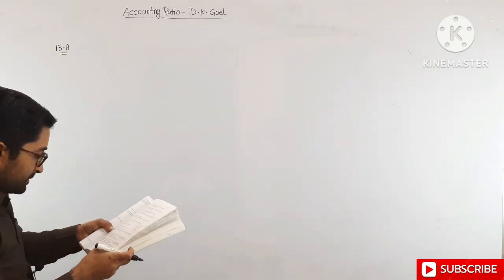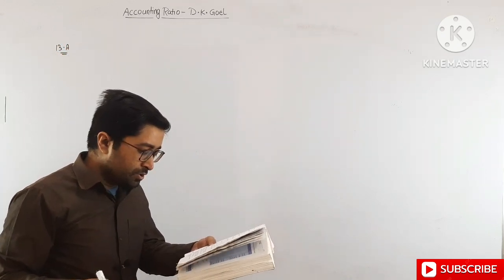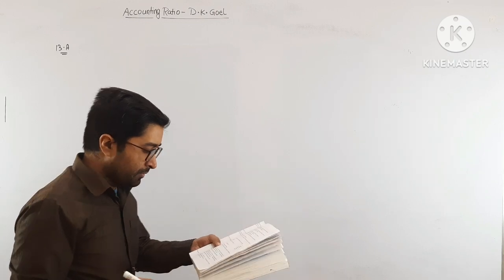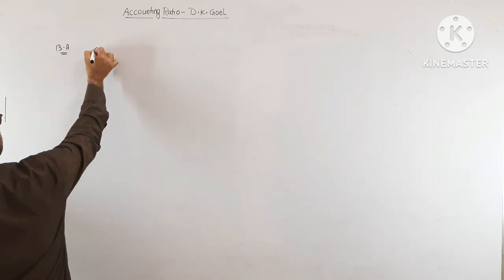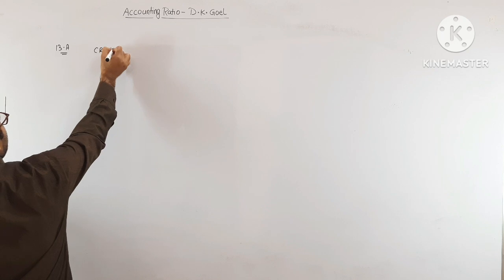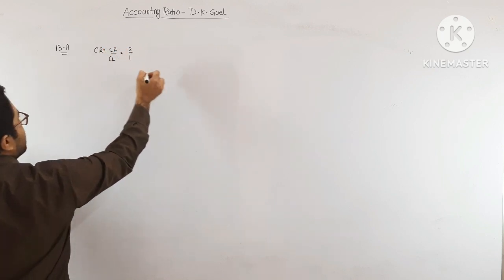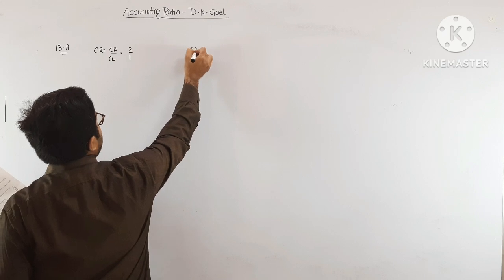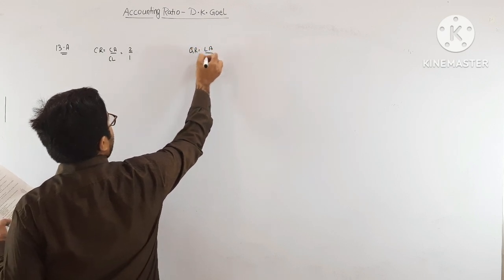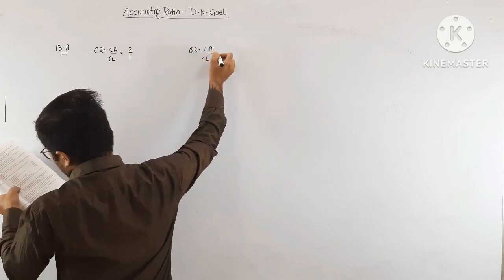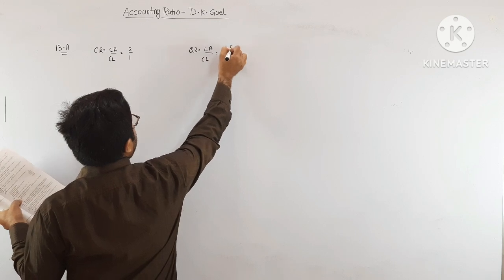So the question is, the current ratio is 2:1 and the quick ratio is 1.5:1. Current ratio equals current asset upon current liability and it is 2:1, and the quick ratio is liquid asset upon current liability and it is 1.5:1.